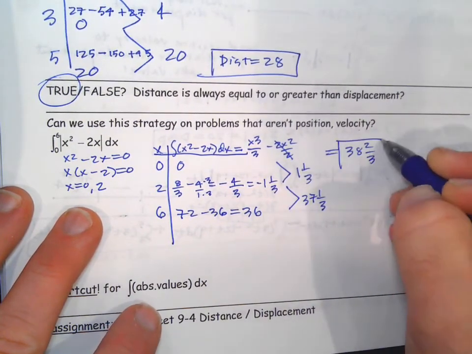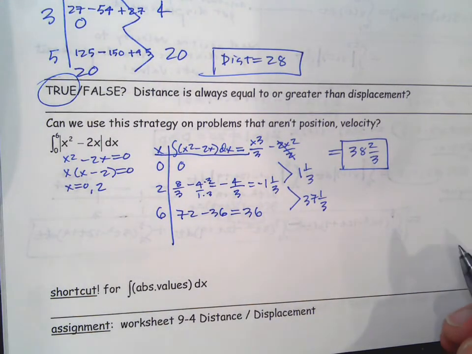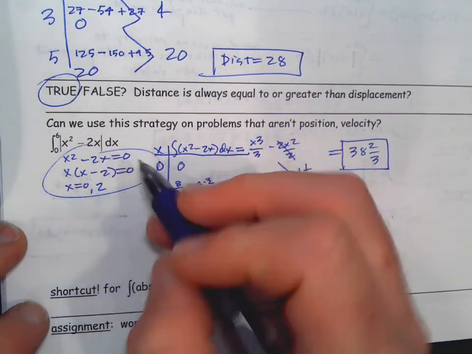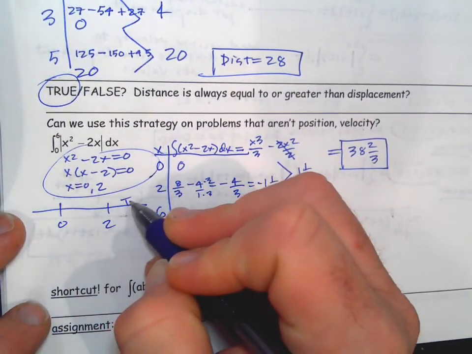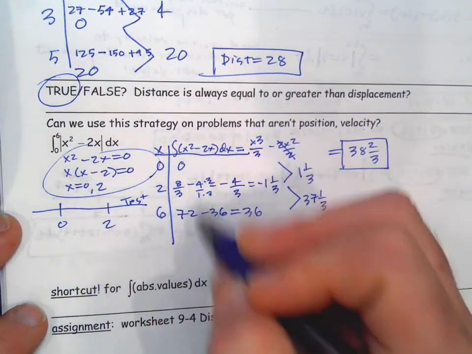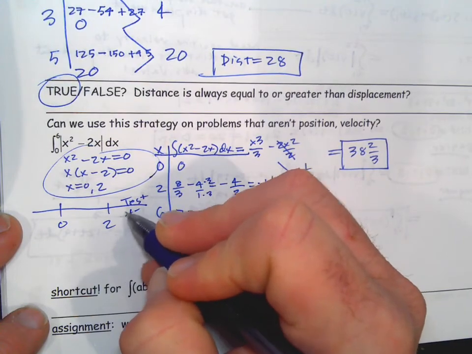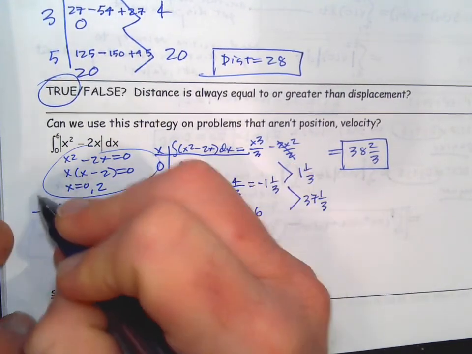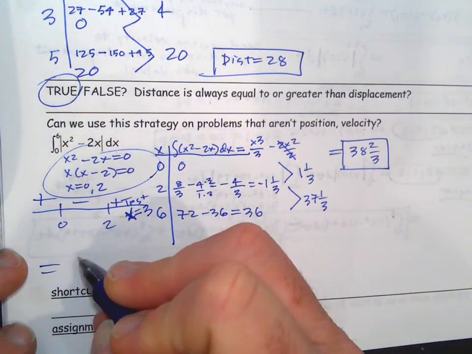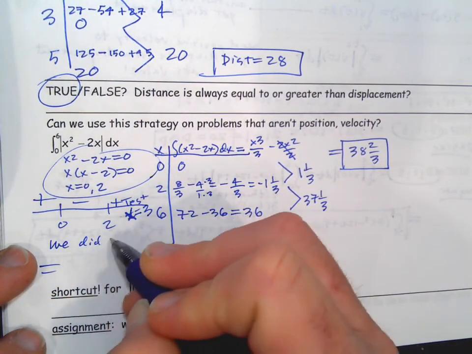Now, if you compare that to the way we did it before, it's a lot less work. The way we did it before is we did a line check, and you can still do line checks to help you out with these tables if it's a little confusing. We tested x equals 3, which was positive, negative, positive. And so this is what we did before.